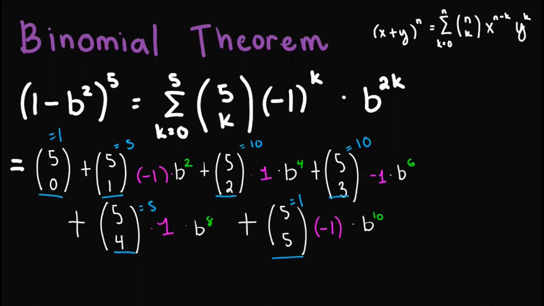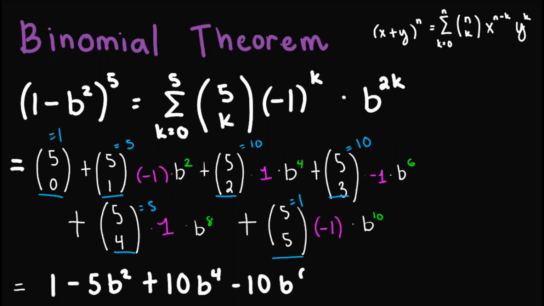So with all that said, the final answer for this one will be 1 minus 5b squared plus 10b raised to 4 minus 10b raised to 6 plus 5b raised to 8 minus b raised to 10. And this is the final answer.